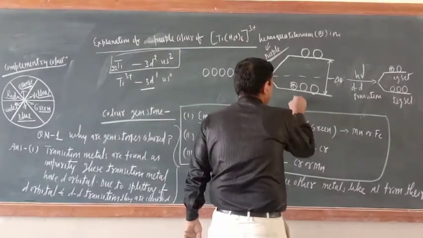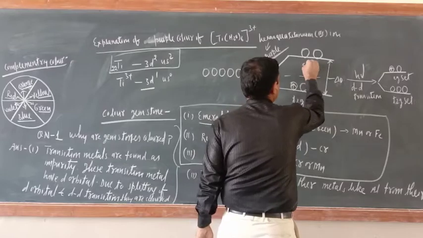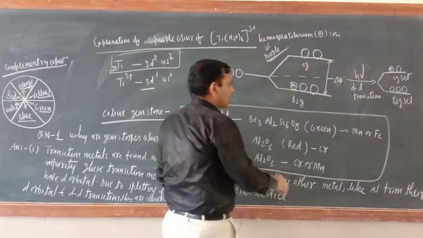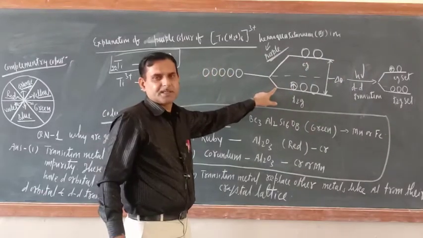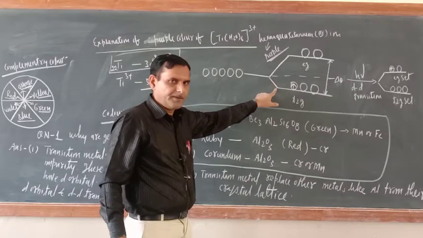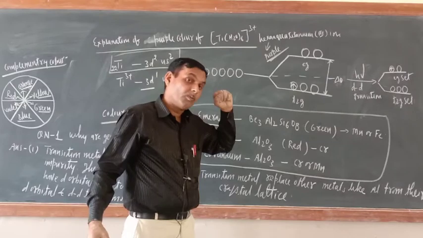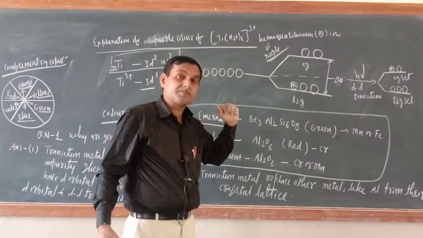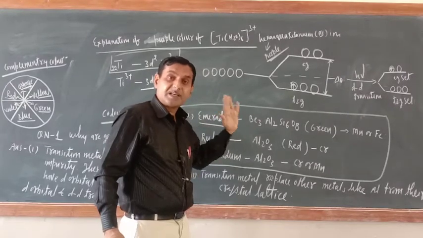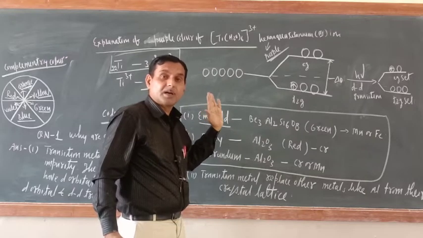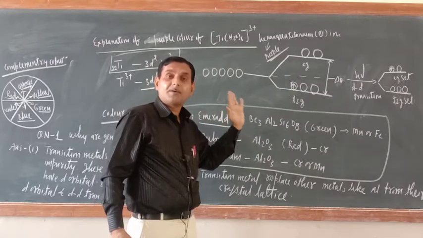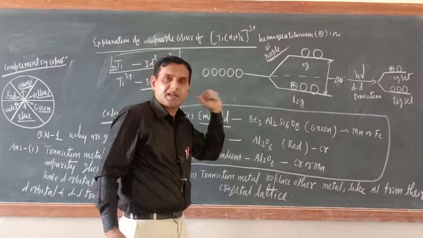sets, the t2g set and the eg set, correct or not? And 1 electron is present here in the t2g set. Now the d orbital is split. Why has it been split? It has been split because of the approaching of the H2O ligand towards the titanium.